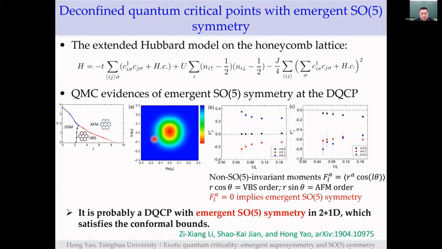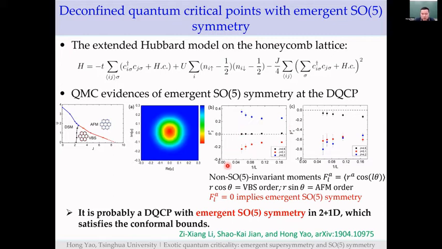And moreover, the spin order parameter and the VBS order parameter also have symmetry.